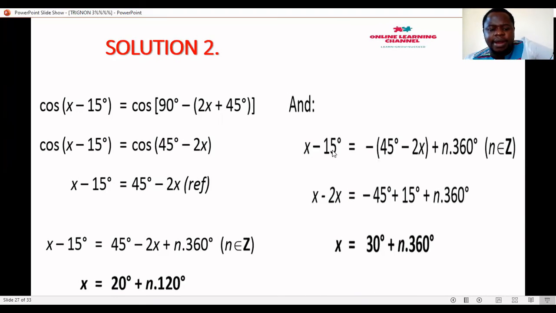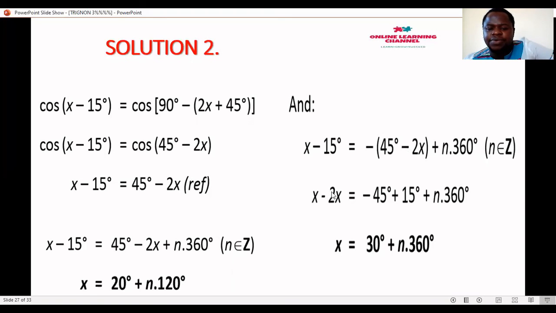And then now x minus 15 is equal to negative, here is 360. So it will be x minus 15 is equal to negative 45 minus 2x plus n multiplied by 360, where n is an element of integer.